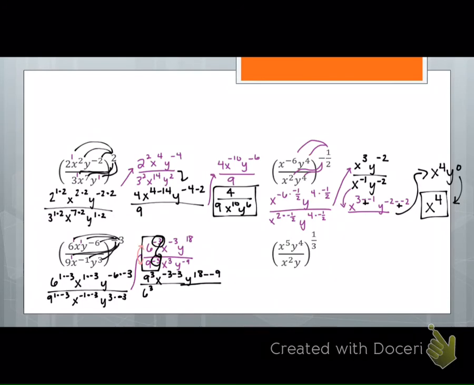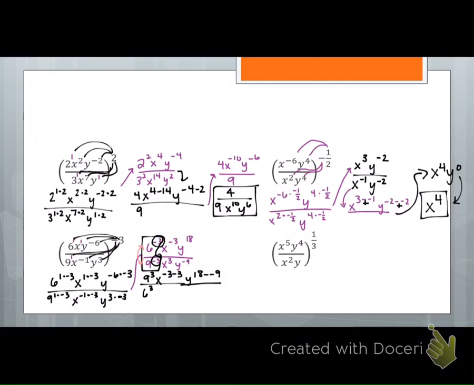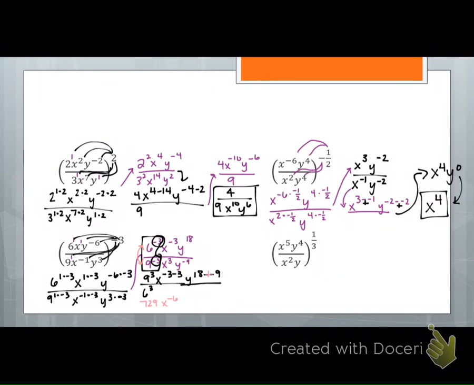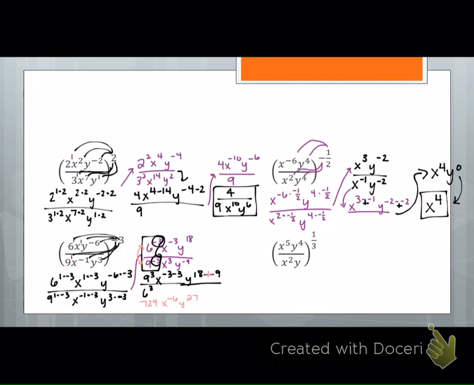9 to the third power is 27. 729. Wait. 729. Yeah, 729. I cannot even think. Stop playing with your water bottle. 18 plus 9 is 27. 6 to the third is 216.